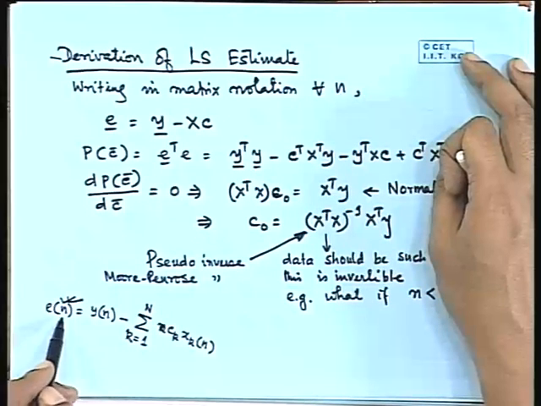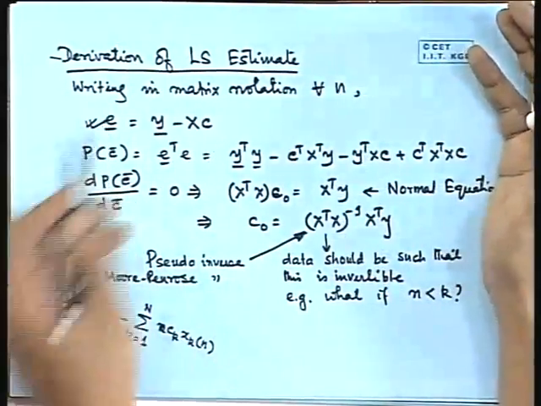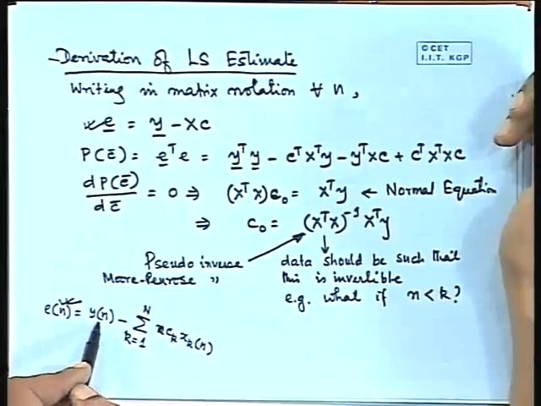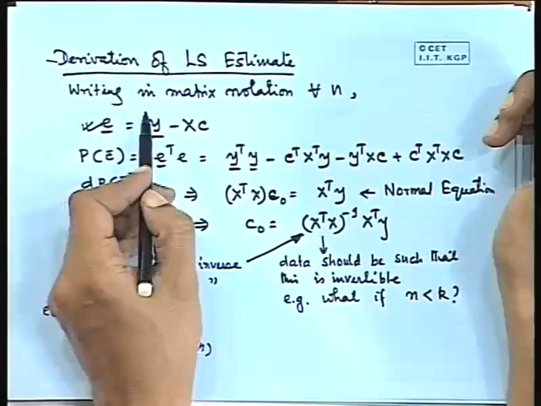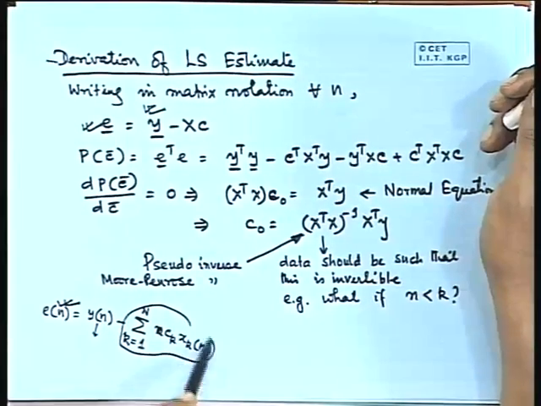So if I now stack these E's, E0, E1, E2, E3, in the form of a vector, I will get this vector. All these Y's will also get stacked, so I will get this one, and this sum is equal to what?